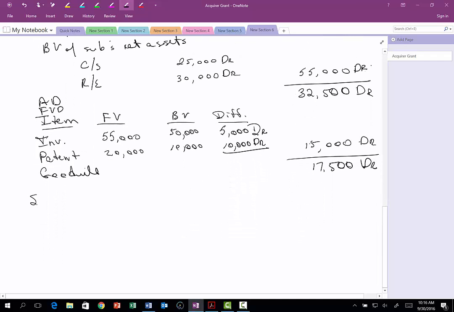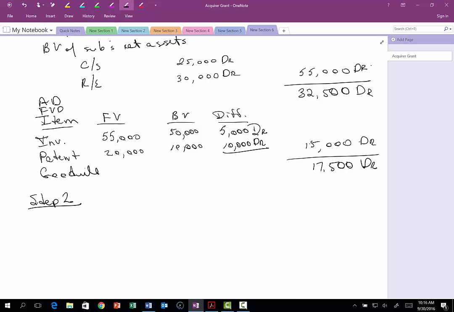Step two now. Recall that similar to significant influence, what happens is because when we consolidate, we have in fact changed the asset values of the inventory and the patent on our consolidated books and records. We bump them to fair value. So the issue becomes then, if we bump them to fair value, then when that inventory is sold, cost of goods sold has to reflect our fair value.